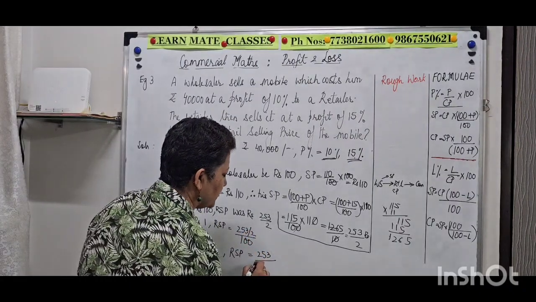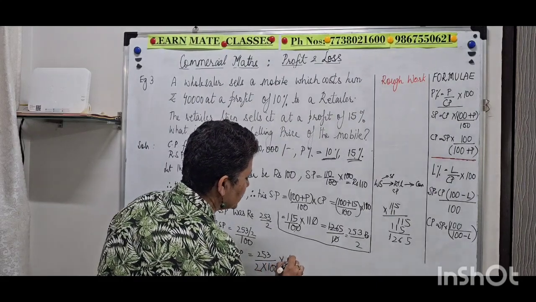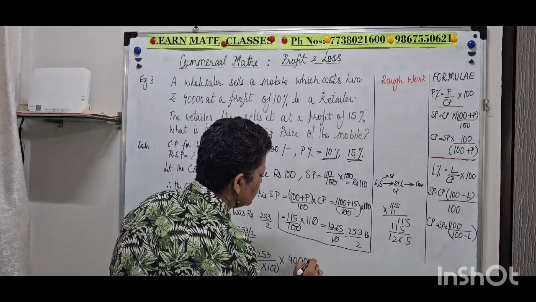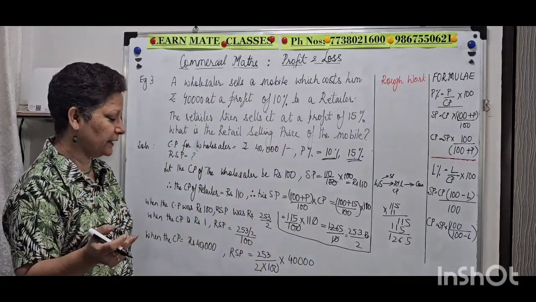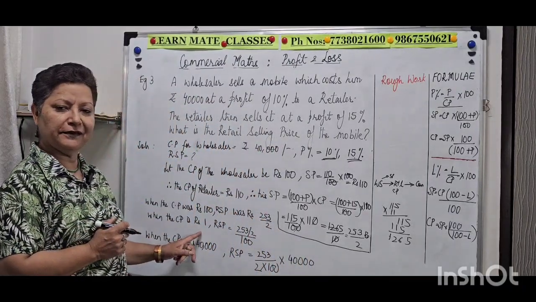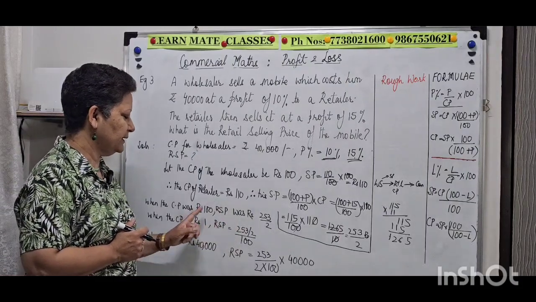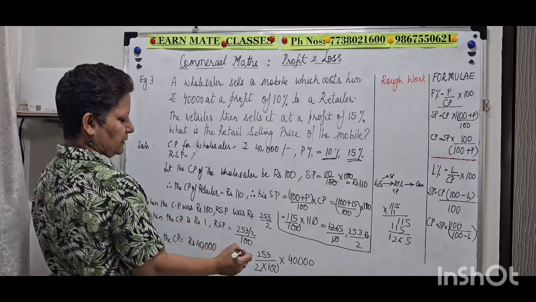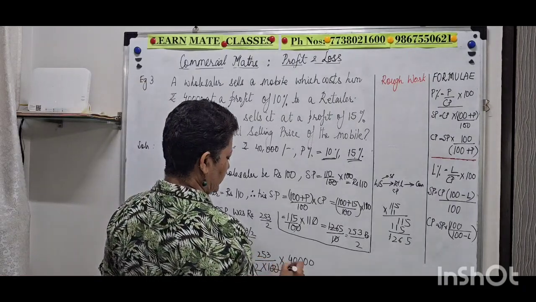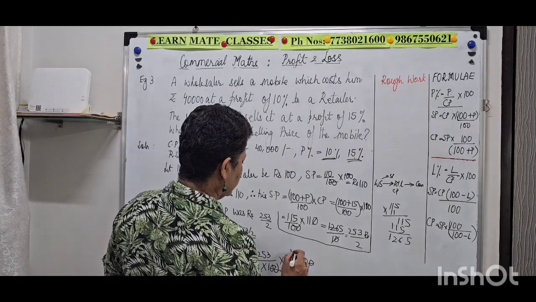I get that into my denominator and I multiply it with 40,000. Remember, in unitary method, if it is a case of direct variation, for one I divide and for many I multiply. So for one I divide it and for many I am multiplying. Okay. So my 0s go, the 2 goes here and I get a 200.